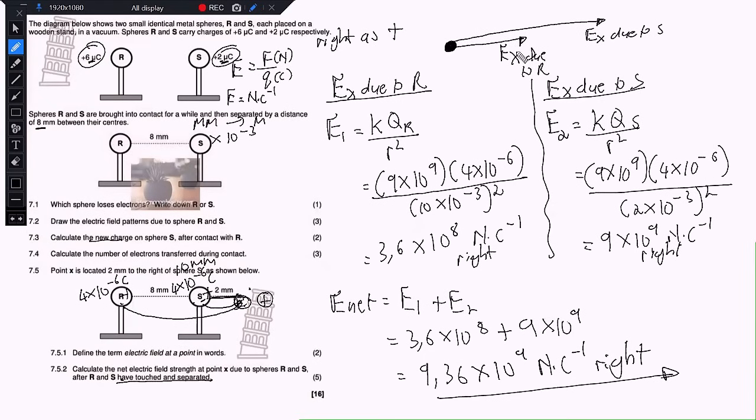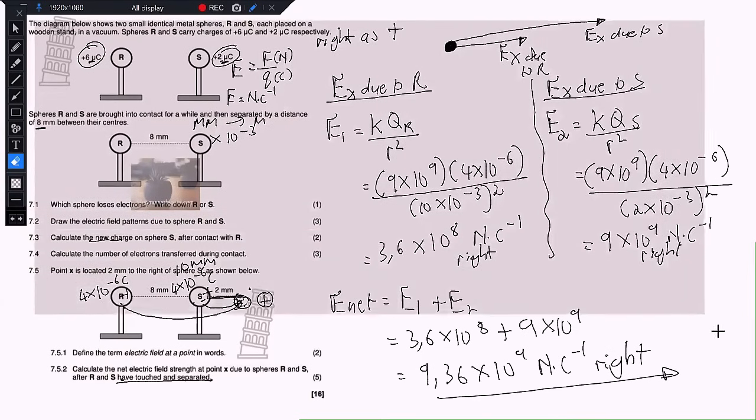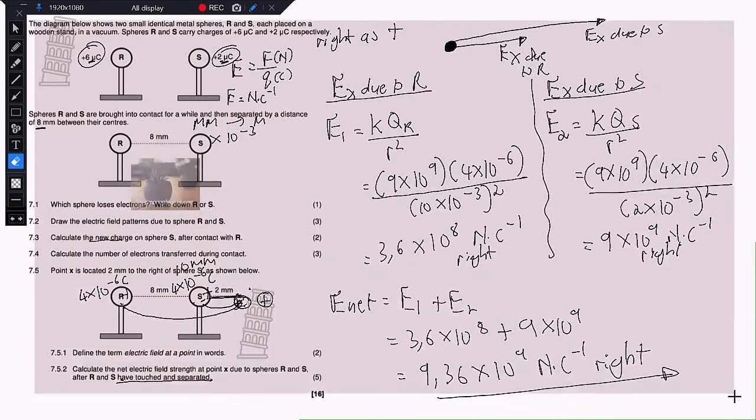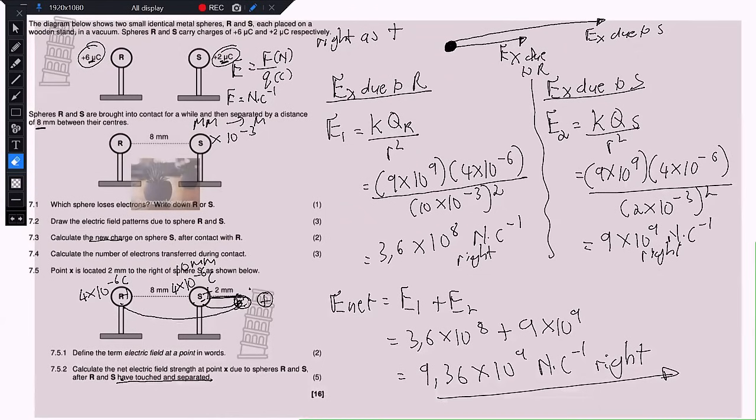So it is very important that you go back to your grade 11 and try to revise Coulomb's law, because as you can see, it holds decent marks there. Sometimes you can find that it's about 20 marks, right? So you can't lose all those marks. Make sure that you do your revision properly.